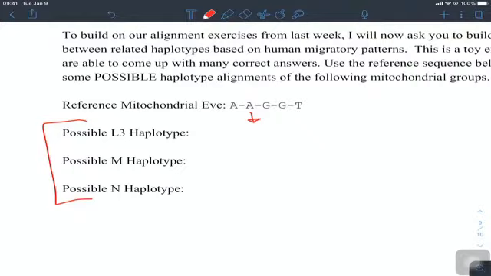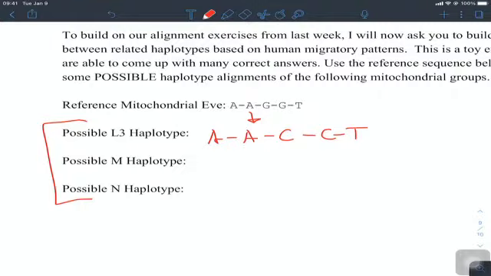Since L3 we know derives from mitochondrial Eve, and we can distinguish them, we can go ahead and assume that the vast majority of the sequence is the same. L3 might be an A with an A, but then let's mutate a C there. No consequence other than to be able to distinguish them.